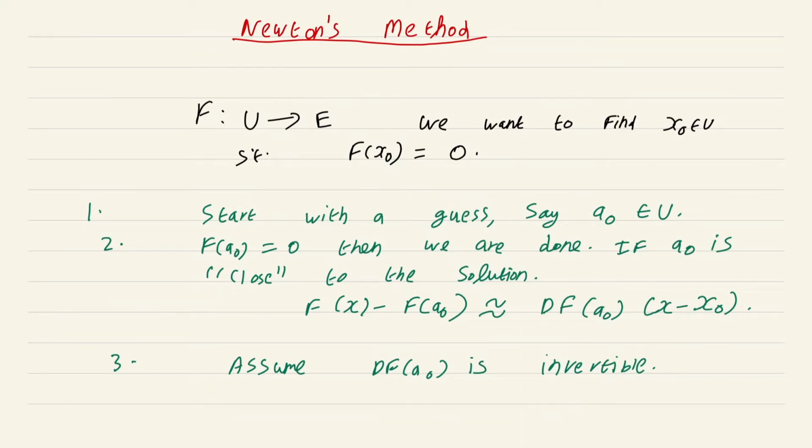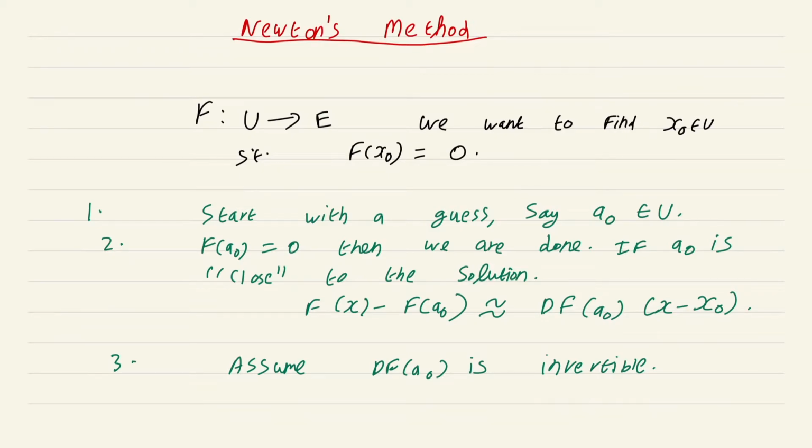Then you can pull this trick of taking df at a naught to the other side and set f of x to be 0. Of course, x is supposed to be the place where the solution is happening.